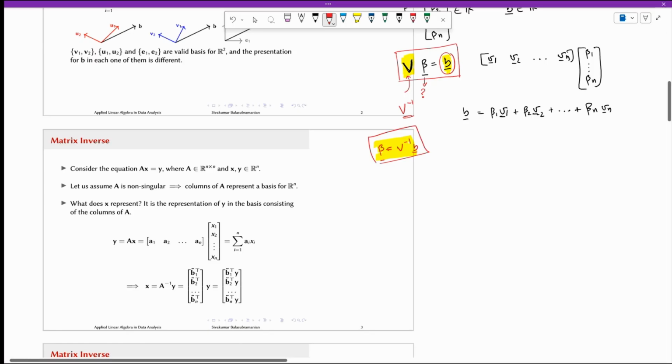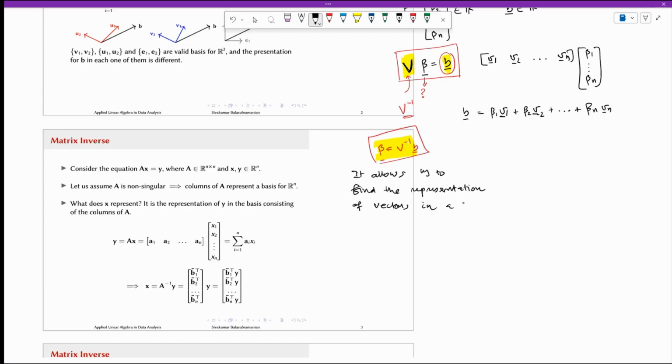So one way to think about A inverse is that it finds the representation of vectors in a basis.